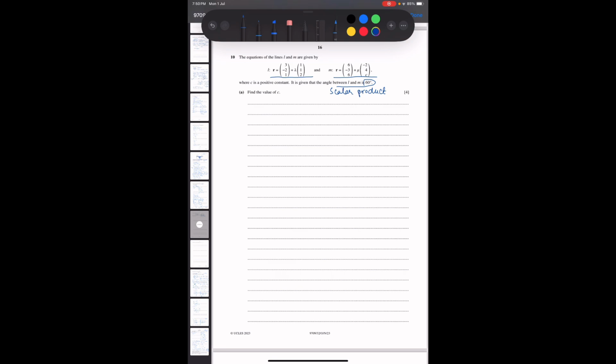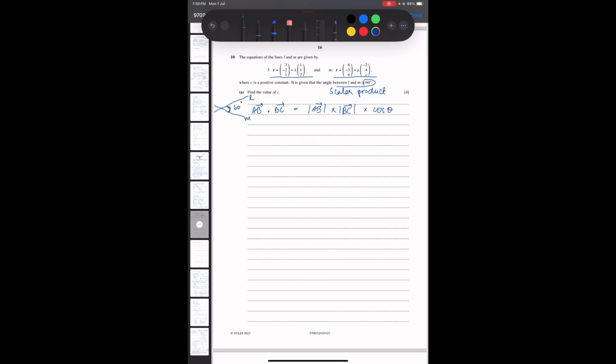And in scalar product, the formula is like AB vector multiplied by BC vector is equal to the magnitude of AB vector multiplied by the magnitude of BC vector multiplied by cos theta. Suppose this is your line L and this is your line M. So this angle is 60 degrees.